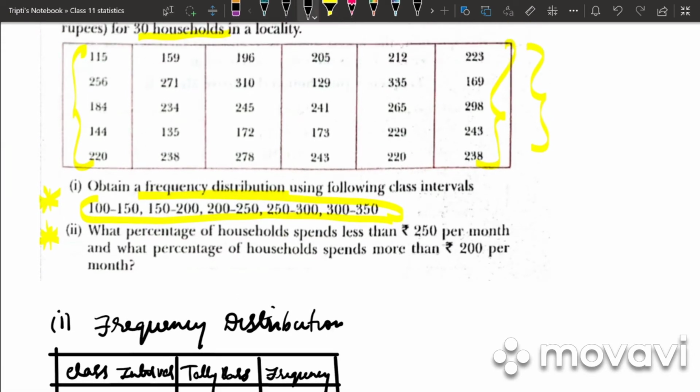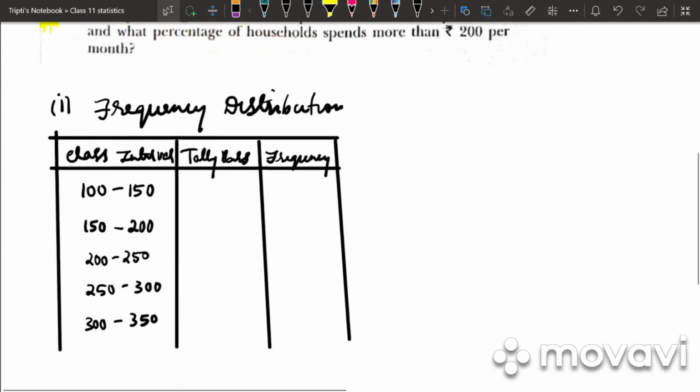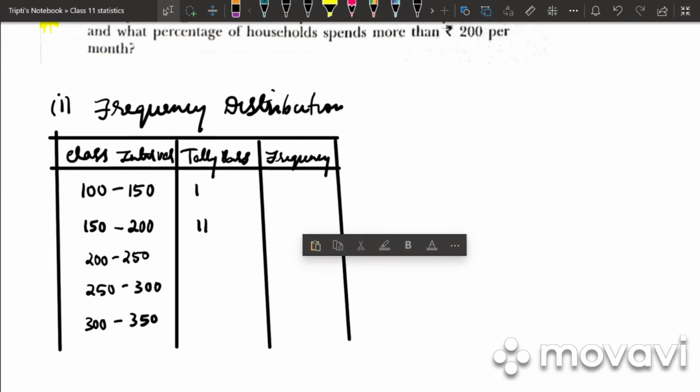So we will be going from left to right. So our first number is 115. Then we have 159. Then we have 196, 205, 212, 223.